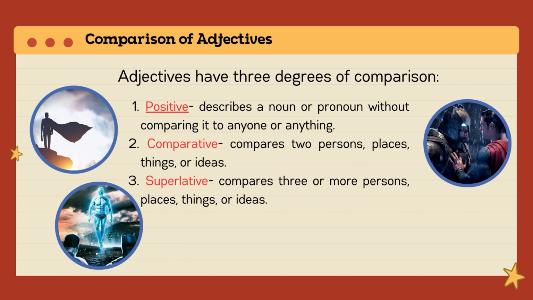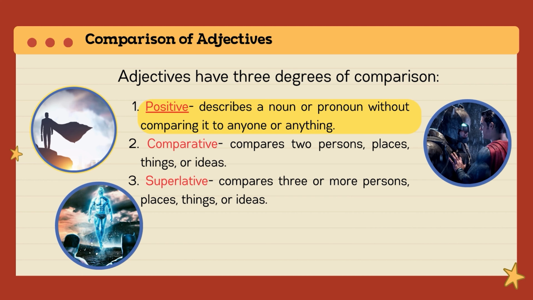Positive describes a noun or pronoun without comparing it to anyone. Comparative compares two persons, places, things, or ideas, only two. Superlative compares three or more persons, places, things, or ideas.